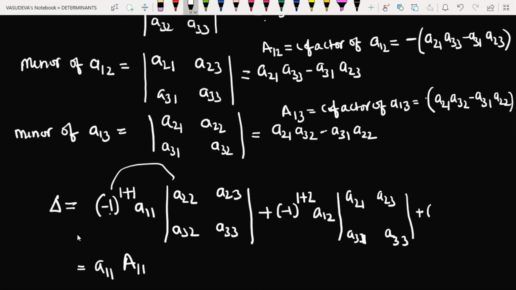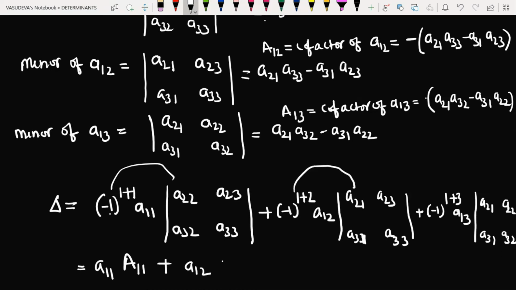Plus minus 1 to the power of 1 plus 3 into A13 into the determinant of A21, A22, A31, A32. So this is plus, now I am writing this: A12 into the cofactor of A12, plus A13 into the cofactor of A13.